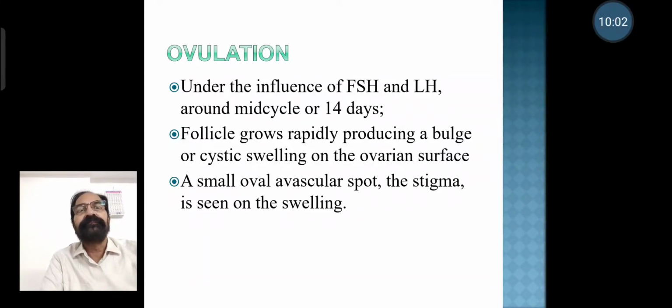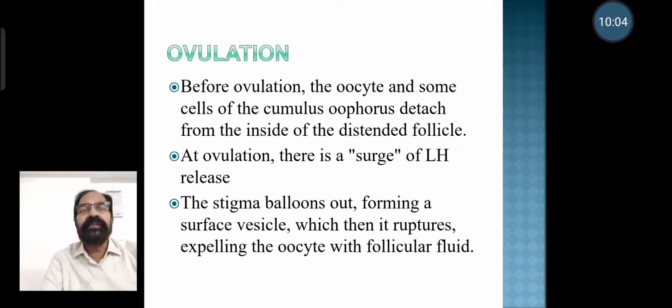on the swelling. Before ovulation, the oocyte and some cells of the cumulus oophorus detach from the inside of the distended follicle. At ovulation, there is surge of LH release, the stigma balloons out, forming a surface vesicle, and then it ruptures, expelling the oocyte with follicular fluid.